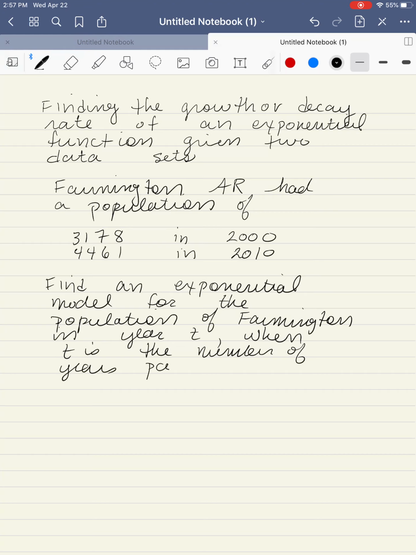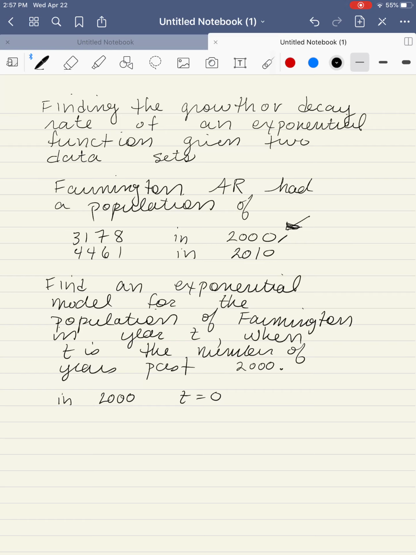when T is the number of years past, and we're going to use our initial year, the very first year that we're given. So the number of years past 2000. So we're always going to use the earliest year that we have data for as the year 0.